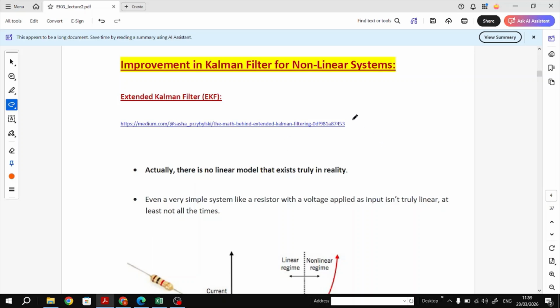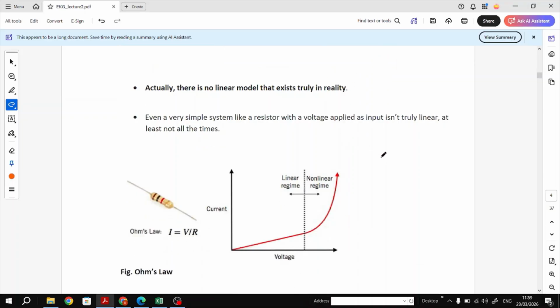There's a good tutorial here. I think you can see it later also. So why do we need to modify the linear Kalman filter? Because in nature most of the systems are not linear. Even if you see a very simple system, like, let's say, the relationship between the voltage and current in a simple resistor.